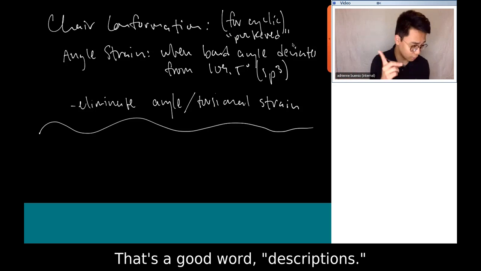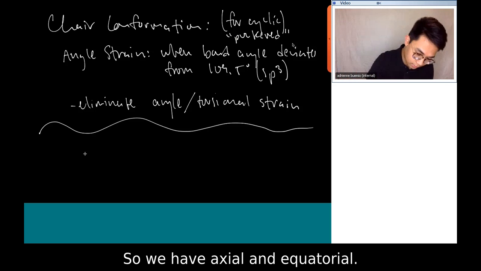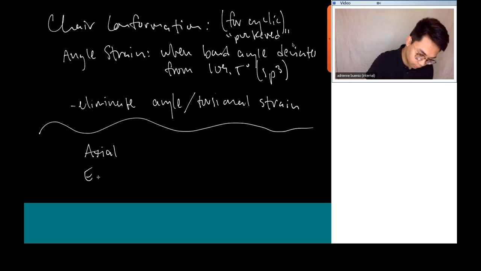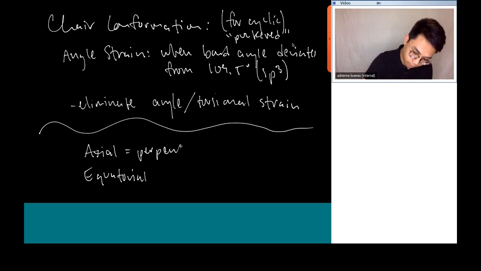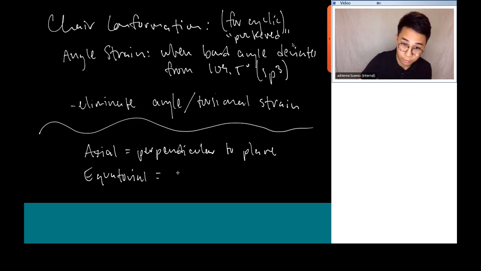That's a good word, descriptions. So we have axial and equatorial. So axial is perpendicular to the plane, and equatorial is the equator, right? Equator.